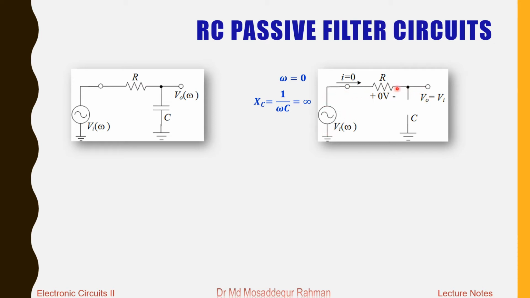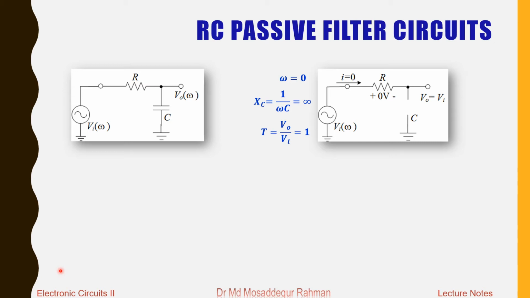Since there is no voltage drop across the resistor R, the voltage at the output terminal will be the same as the voltage at the input terminal. So V0 is Vi. What we have got is that at zero frequency the output is the same as the input, and the transmission V0 by Vi will be 1. That means we get 100% transmission at zero frequency.